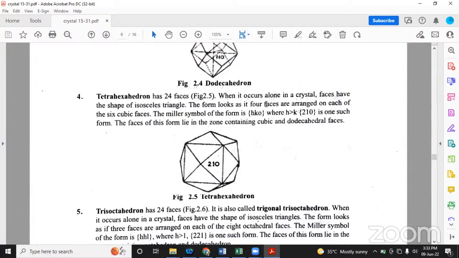The form looks like 4 faces arranged on each of the 6 cubic faces. Each face contains 4 faces, so totally 24 faces. The tetrahexahedron has 24 faces, and its Miller symbol is 210.